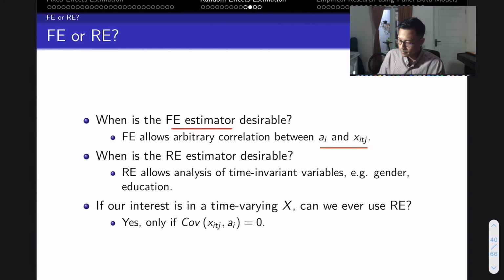Basically, if our interest is in a time varying X, so for example, if we want to estimate the effect of X, which is varying over time, can we ever use random effects? The answer is yes. However, you have to fulfill one of the main assumptions, which is no correlation between the variable of interest and the unobserved heterogeneity A.